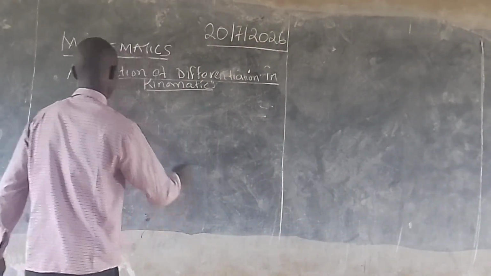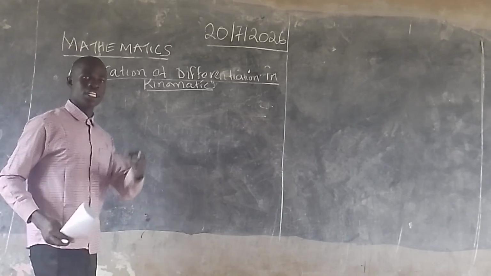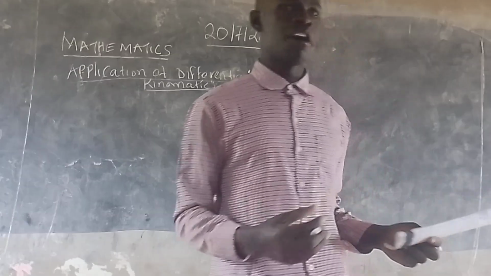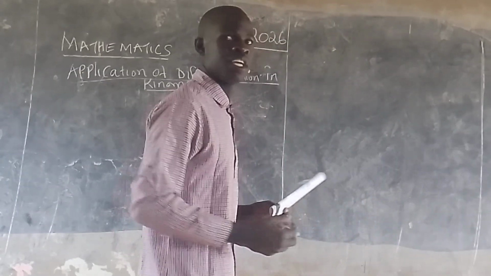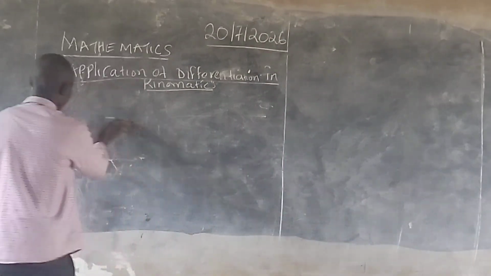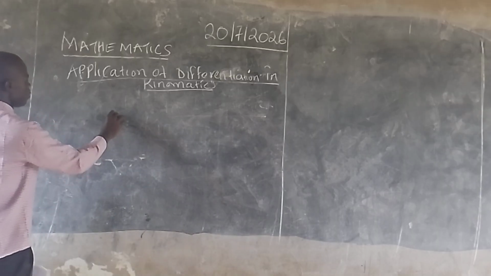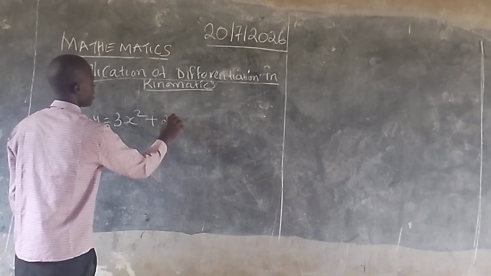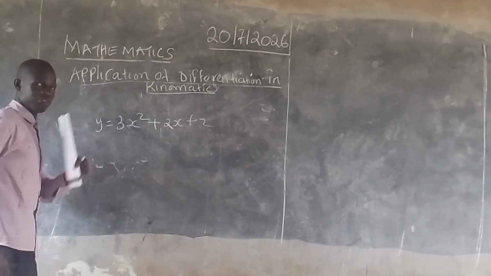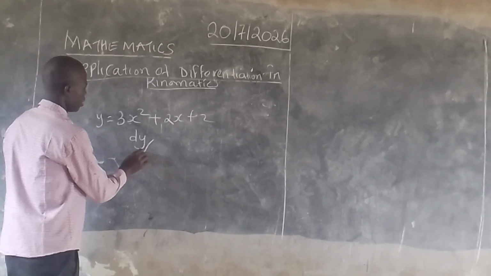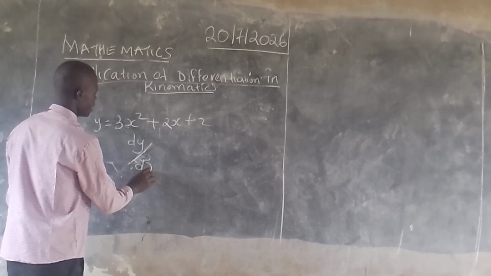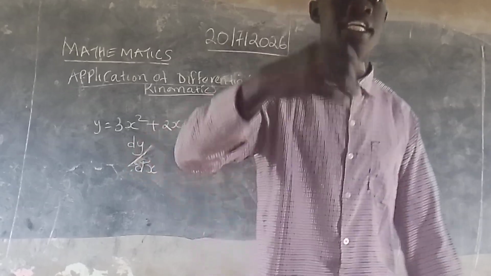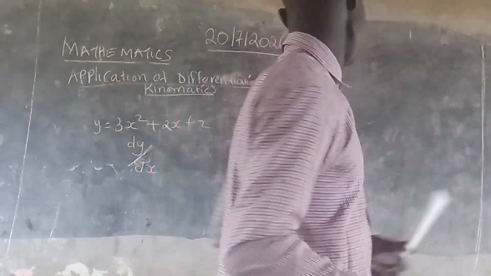Now, students, we know how to differentiate. Doing a recap on our last lesson, we said that about differentiation, we have two major things to know. Given an equation, for example y is equal to 3x squared plus 2x plus 2, when we differentiate dy/dx, the first step is to bring the power down, then we reduce the power by 1.